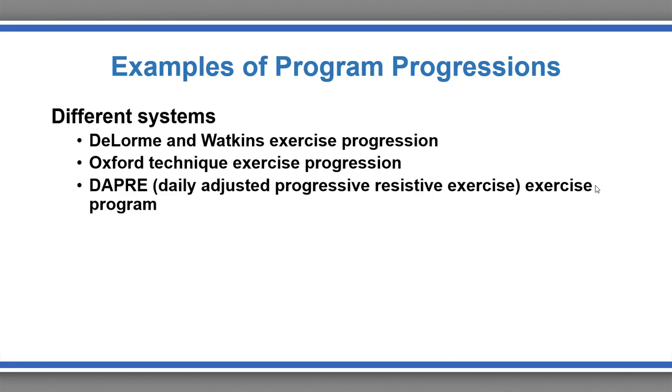Now, I'm going to show you a more specific breakdown in a moment, but one of the key take-home points here is that no matter what system for exercise program progression one is using, these systems all produce a gradual or graded overload to optimally stress the muscle to cause an increase in strength.